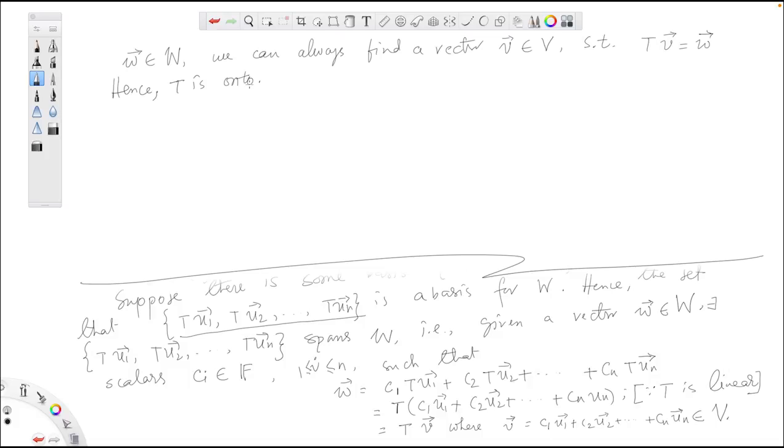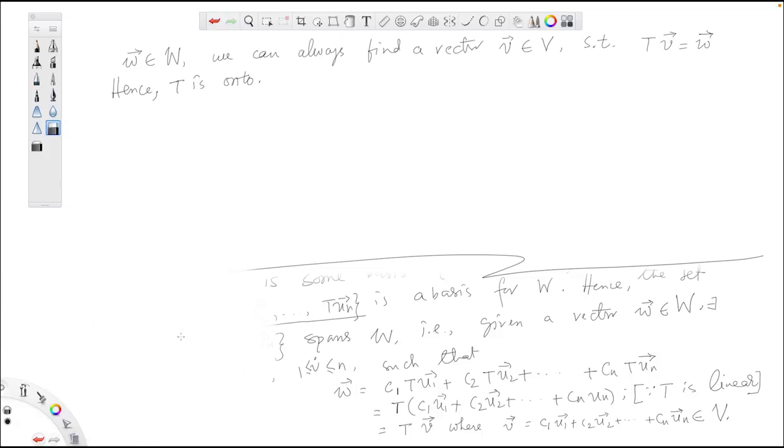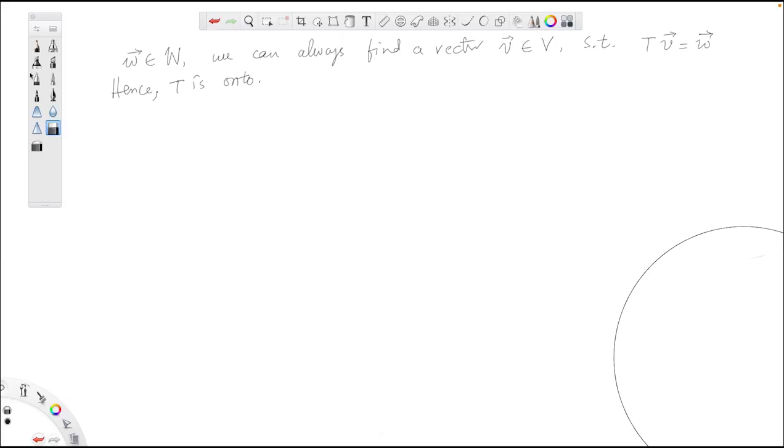So we started with condition 5 and ended up proving that the linear transformation T from the vector space V to the vector space W is onto. Now we are left with proving that T is also non-singular, and that will prove that T is invertible.